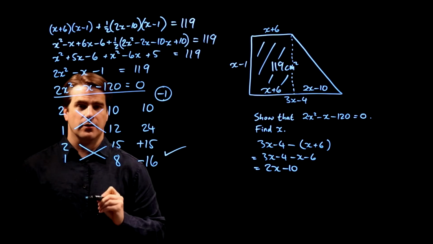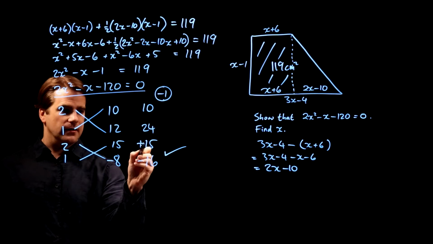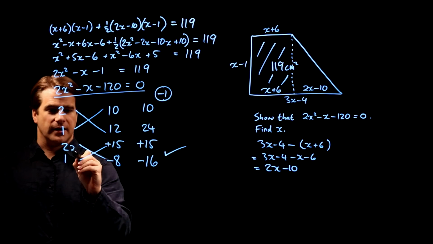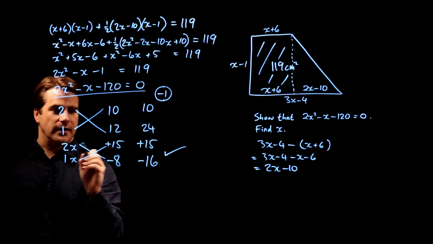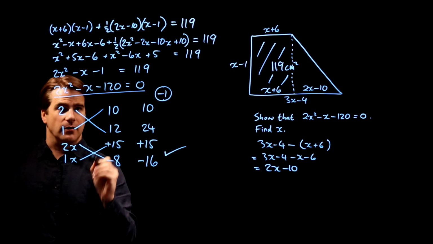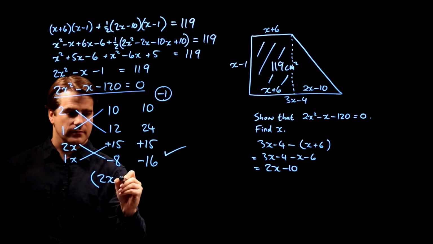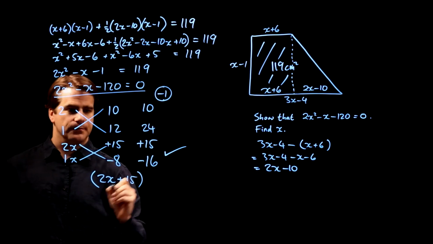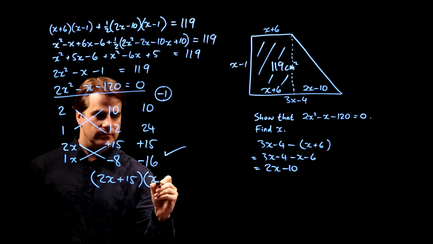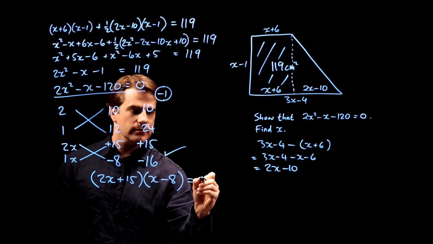So that's what we're looking for. Because we want minus 16, you put a minus there. And because we want plus 15, you put a plus there. And you just stick an x in there and there. And then you read across, and that gives you the answer straight away. So this factorised is 2x plus 15 times x minus 8 equals 0.